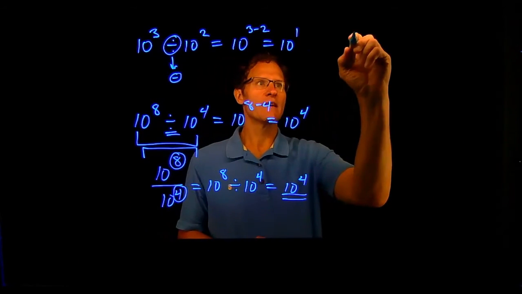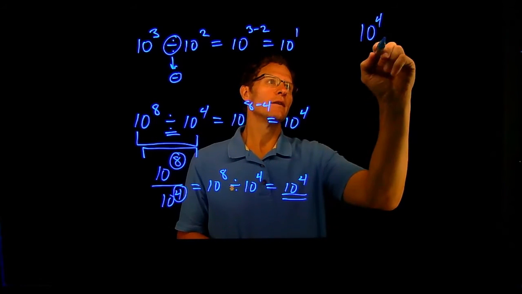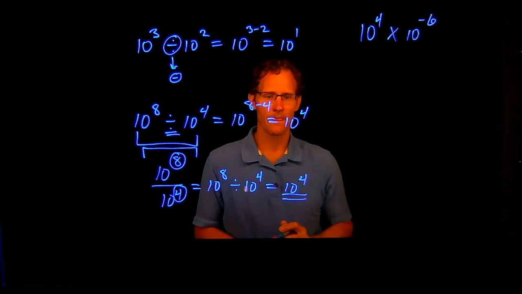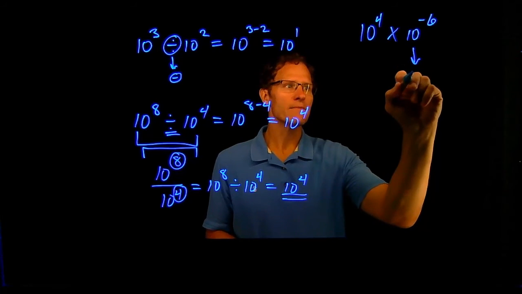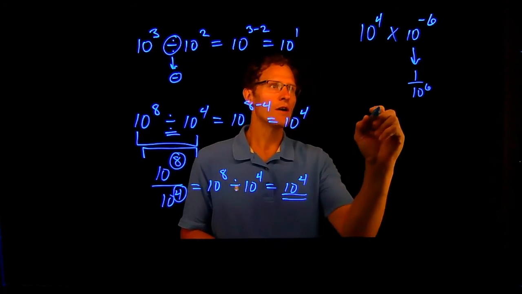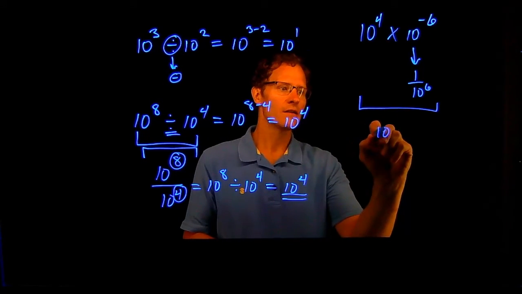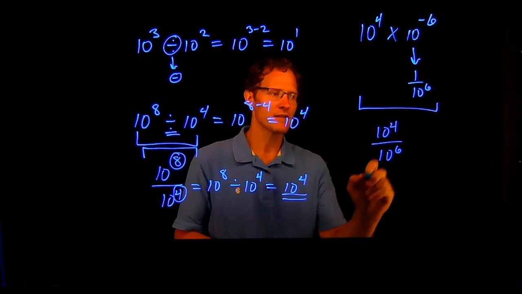If I have something like 10 to the 4th times 10 to the negative 6th, we recognize that 10 to the negative 6th means 1 over 10 to the 6th. So another way of writing this would be 10 to the 4th divided by 10 to the 6th.